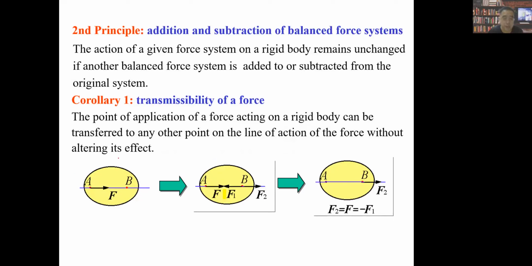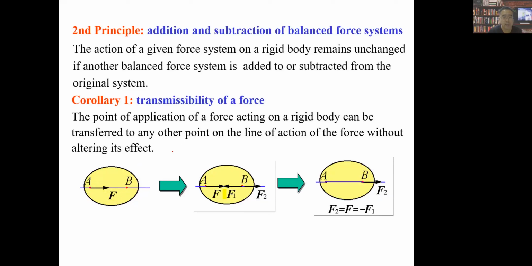Because this body is a rigid body, and this line is the line of action of force F, we can freely move its point of application from A to B or to any other arbitrary point on this line. It will not change the effect of this force acting on this body.